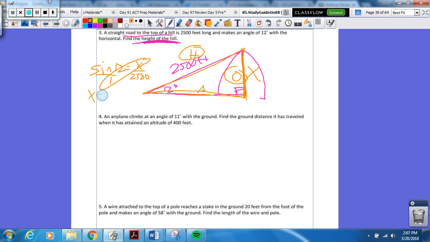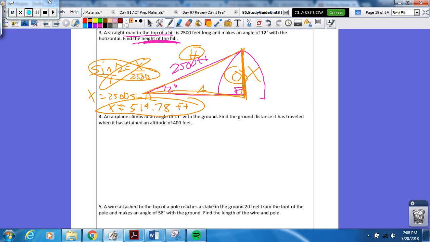X times 1 is x, and 2,500 times sine of 12, calculate it up. The height of the hill is about 519.78 feet.